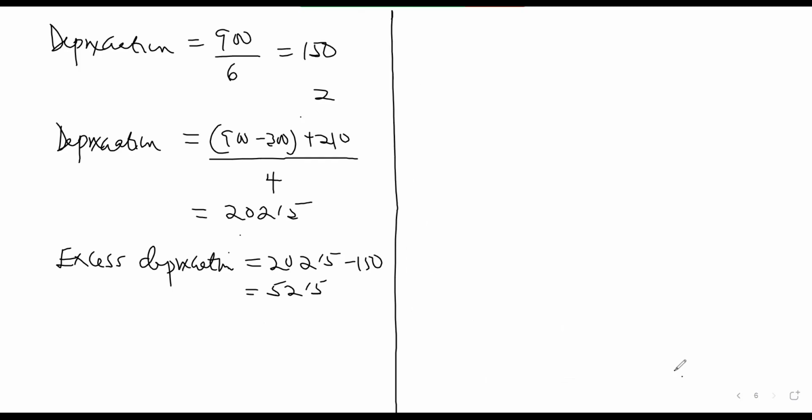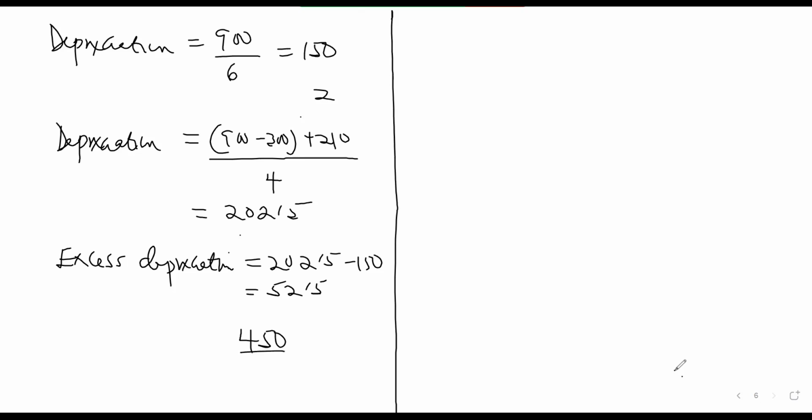So let's now come here. If the asset was not revalued, what should have been the carrying value at the current year end? It would be 450: 600 minus 150, with 3 years remaining. 900 is 6 years, so that will be 450.